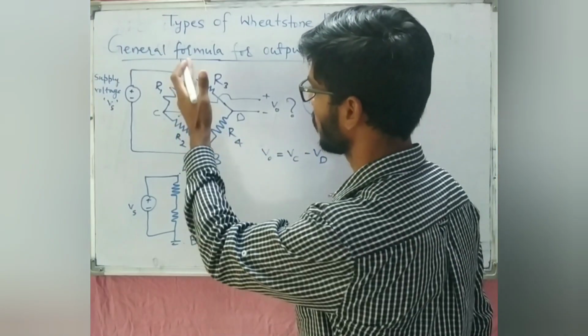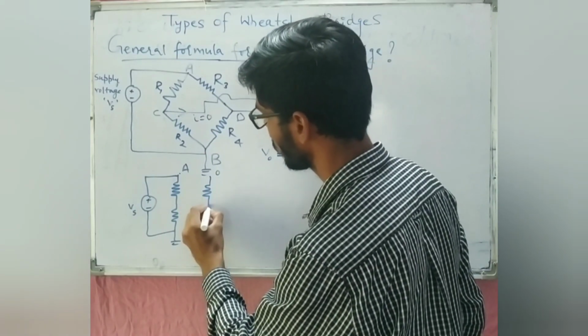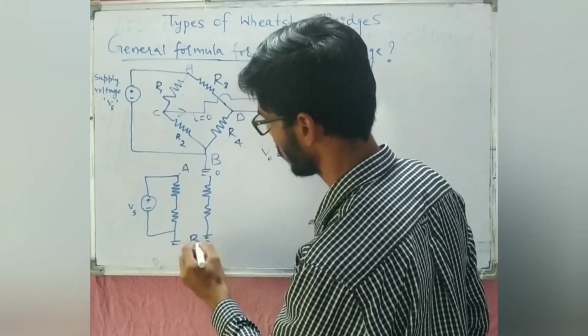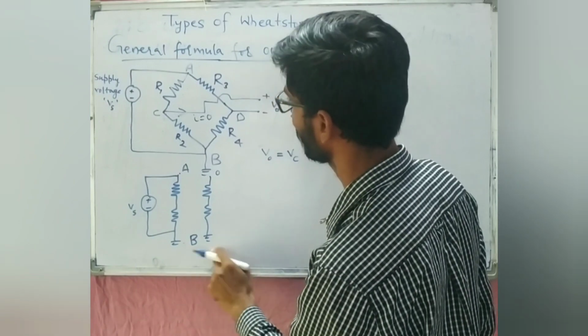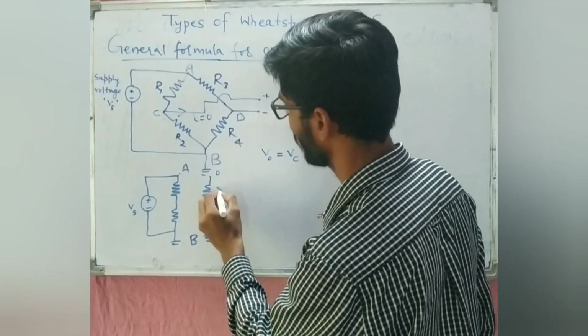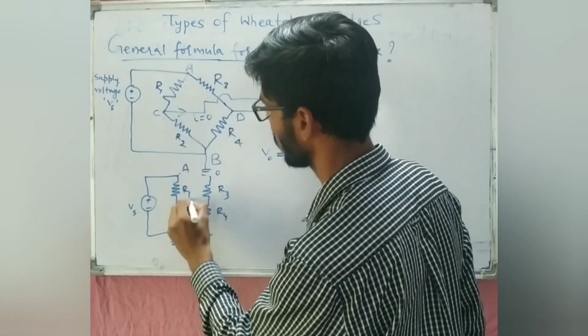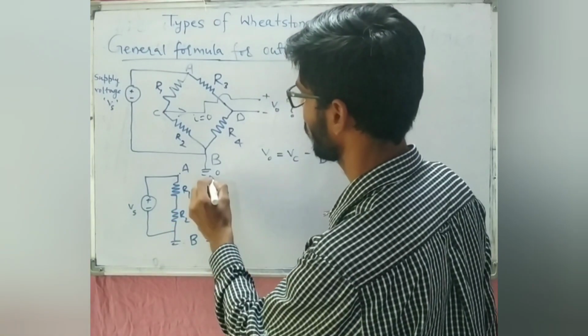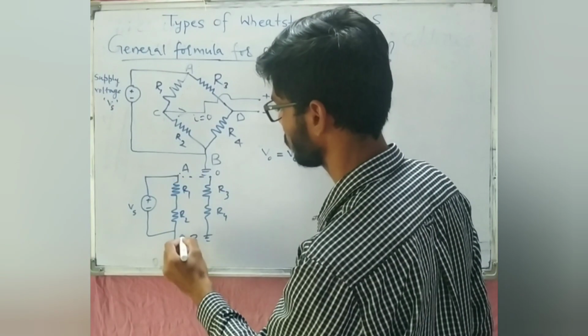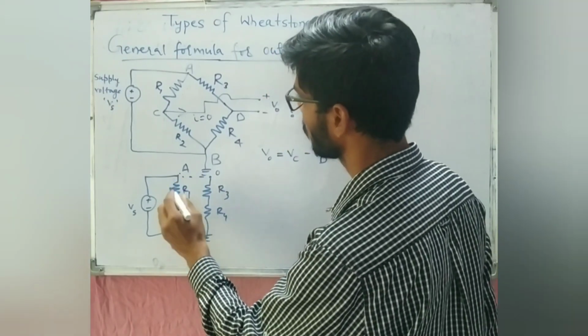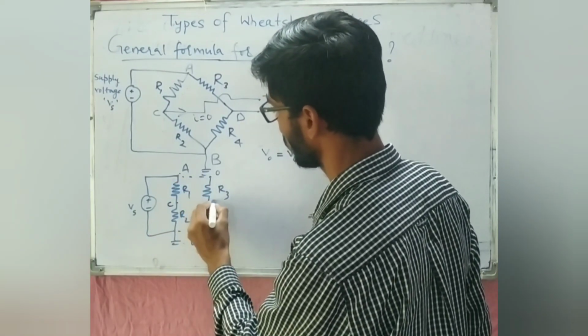So we can look at this circuit in two individual parts. Again, this is point B as it is connected at the same point, and this is R3 and R4. This one is R1 and R2. This is C and this is D.